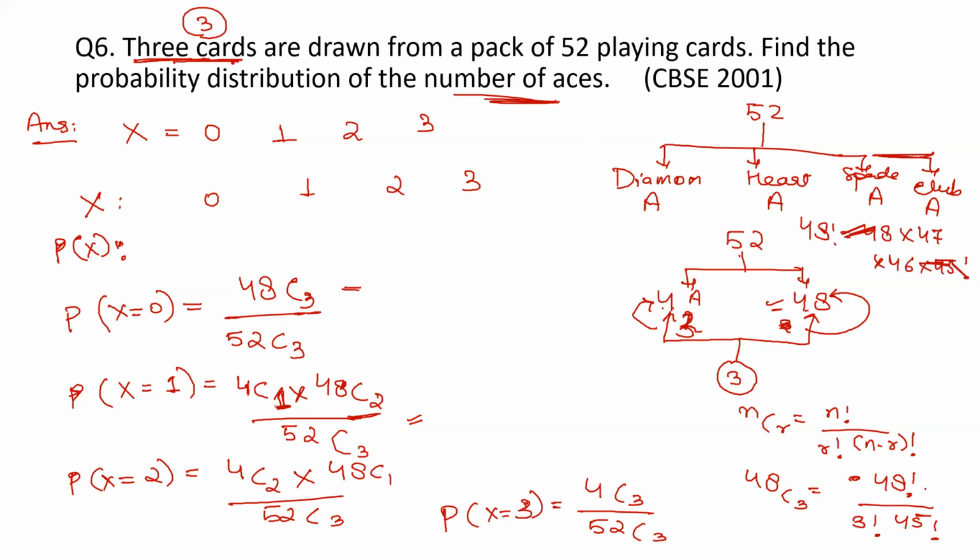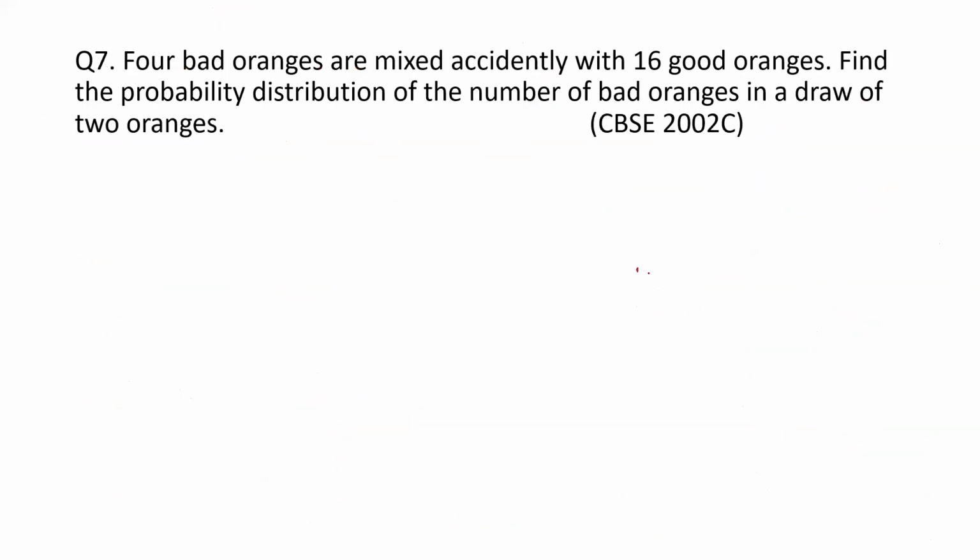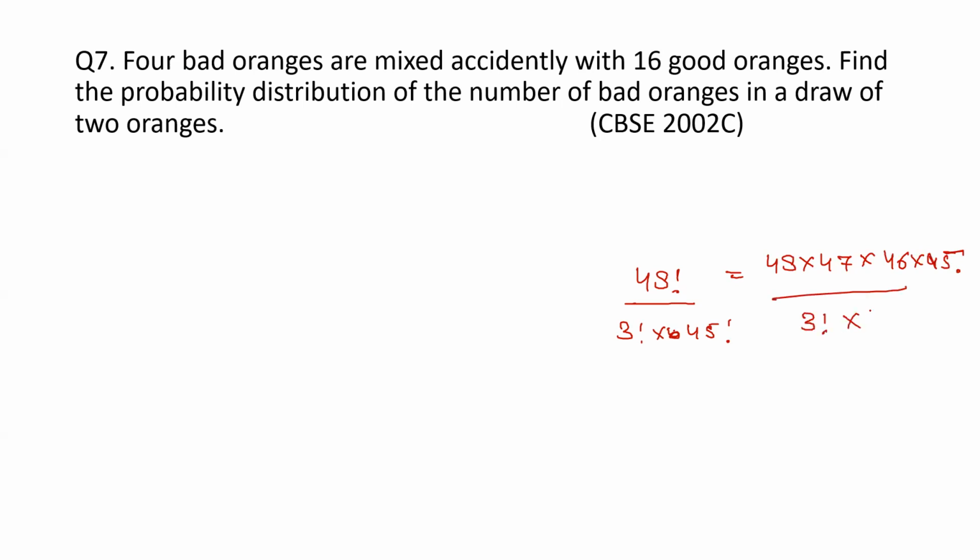So I will do it on the next page. See here, we have 48 factorial by 3 factorial into 45 factorial. This 48 factorial can be written as 48 into 47 into 46 into 45 factorial, by 3 factorial into 45 factorial. So cancel out the 45 factorial. 3 factorial means 3 into 2 into 1.